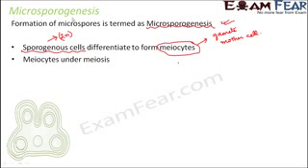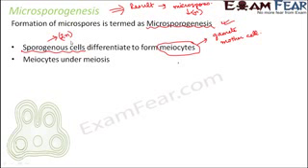In the process of microsporogenesis, what result do we want? We want to form microspores, right? And what is the ploidy of the microspores? Are they haploid or diploid? These microspores are haploid. So basically we want to form haploid cells from diploid cells.